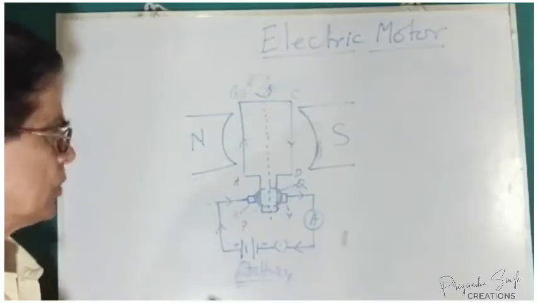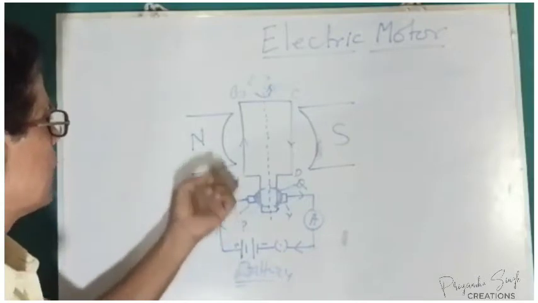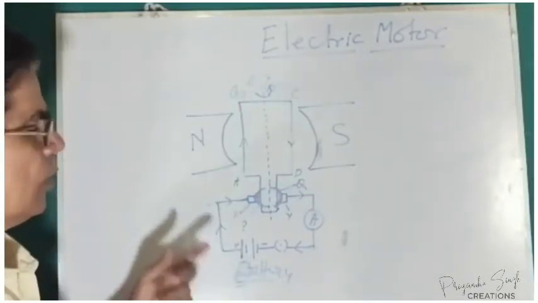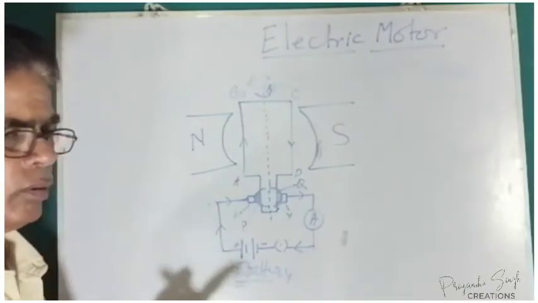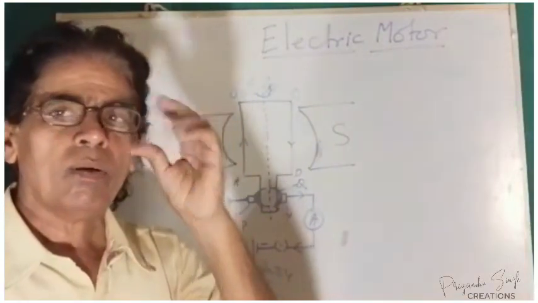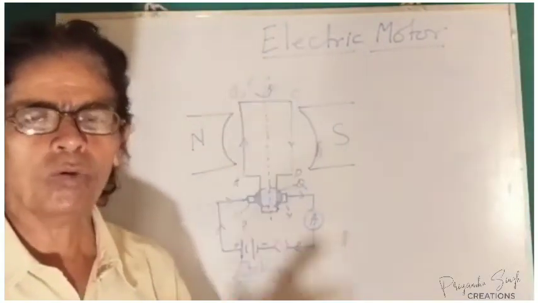Now, what happens when electric current passes through this rectangular coil? We know about Fleming's left hand rule.